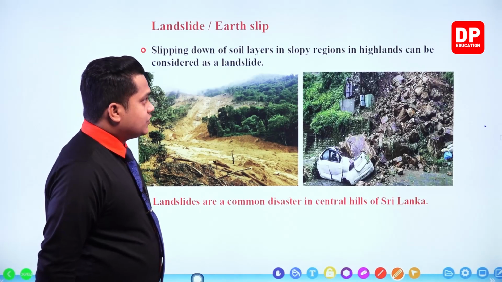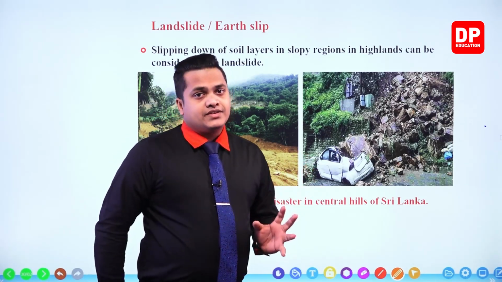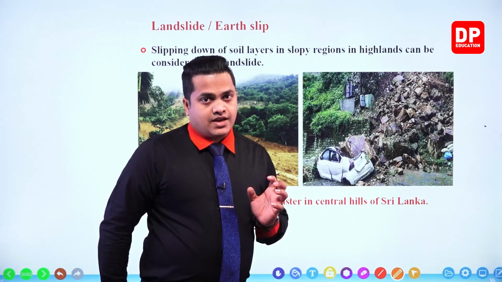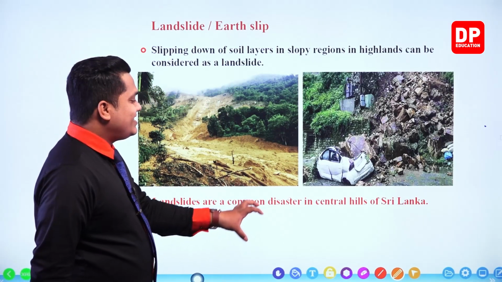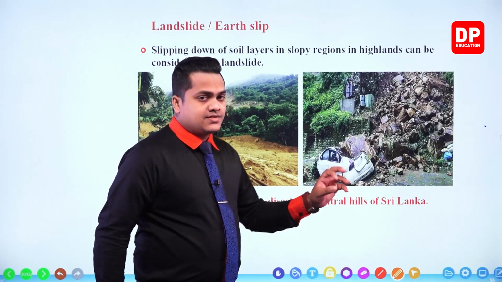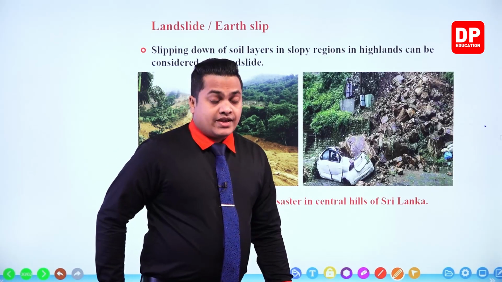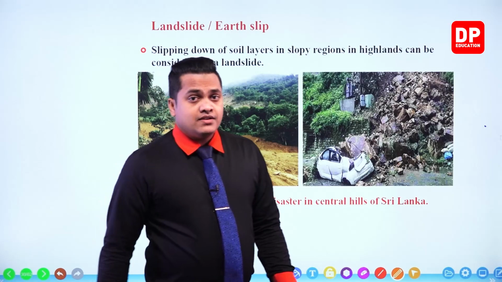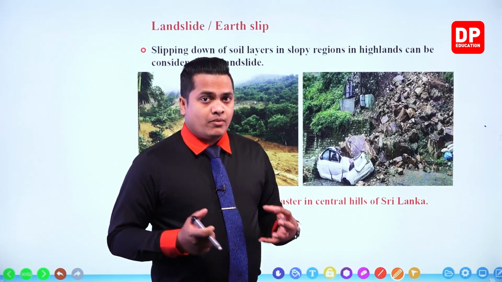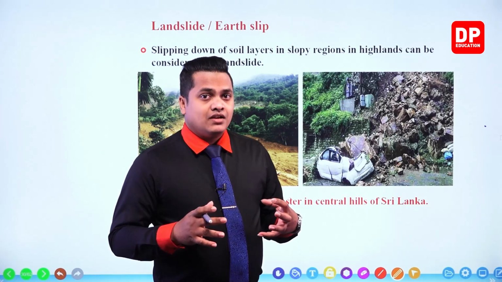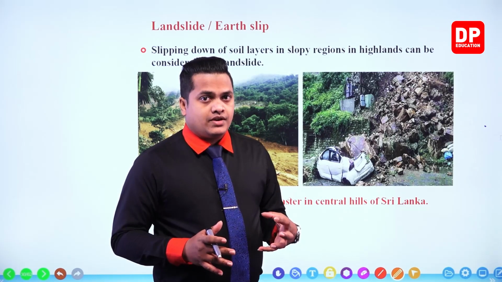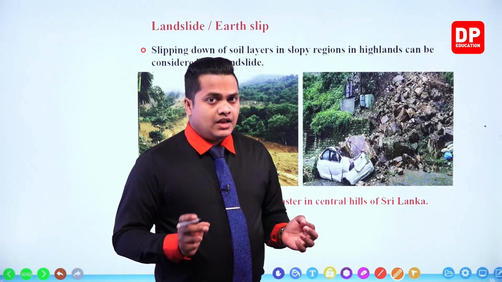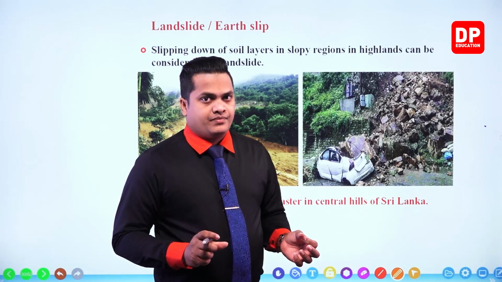This incident is referred to as a landslide. Here it is given: landslides are a common disaster in the central hills of Sri Lanka. Like I said, this is a very common natural disaster that we can observe within the hill country in Sri Lanka.